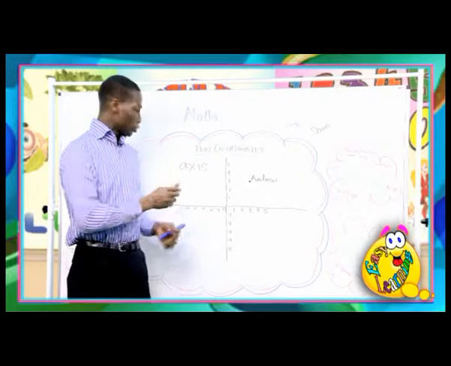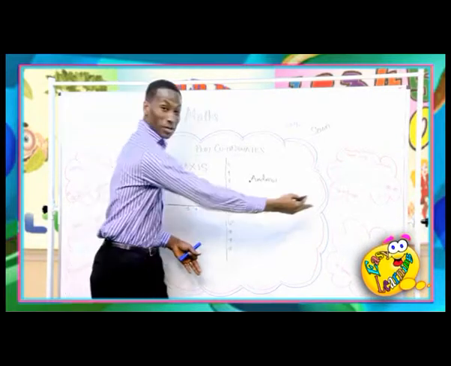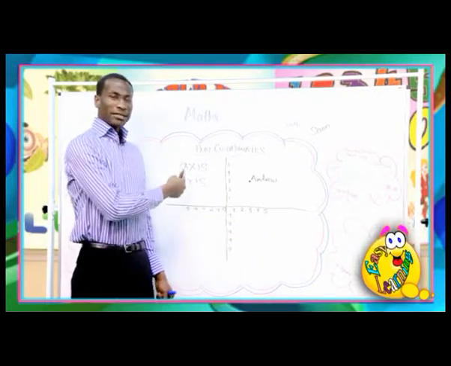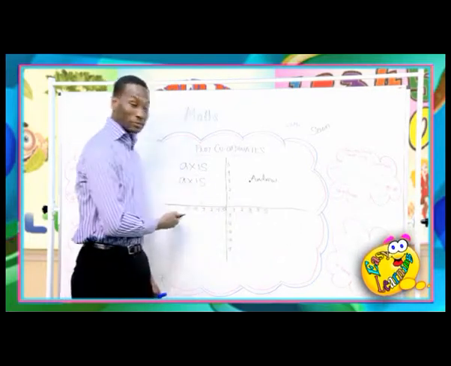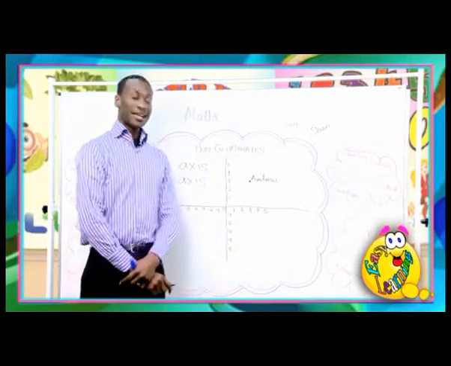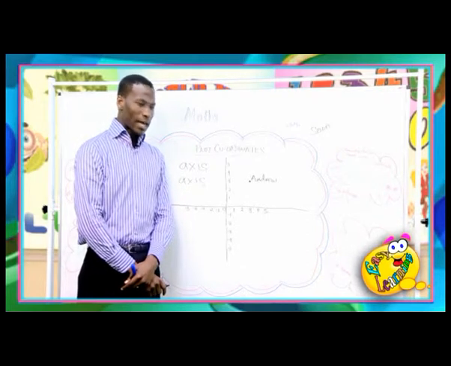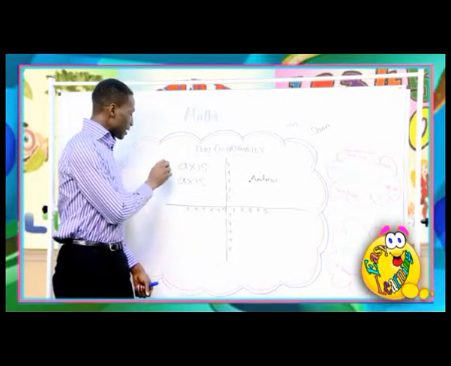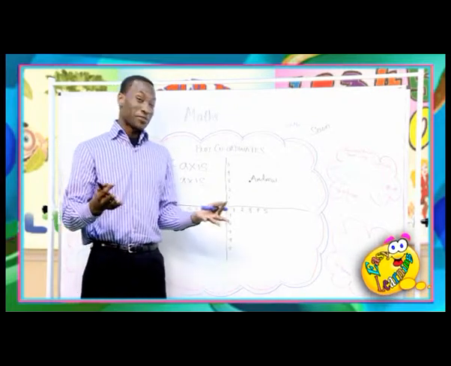But now we've got an issue. So we have axis here and we've got axis here. We've got axis and axis. How will I know the difference between this line and this line? And so some guys came together and they said, that's a good question. The first line that we drew, let's call that X. You know, X is a very interesting letter.